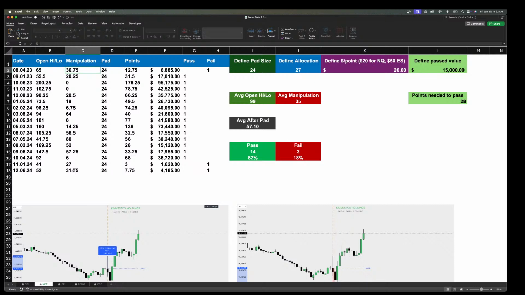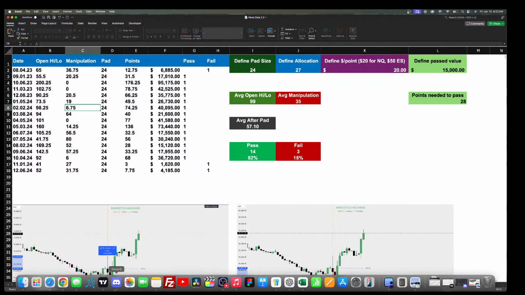In other words, price is going to go in the opposite direction before the real move. So what the pad does is it filters out a lot of that manipulation. So it prevents you from getting wicked out first. Or if the manipulation's big enough and the pad's small enough, you can pass on even the manipulation leg of the move. So that's where the pad comes into play.